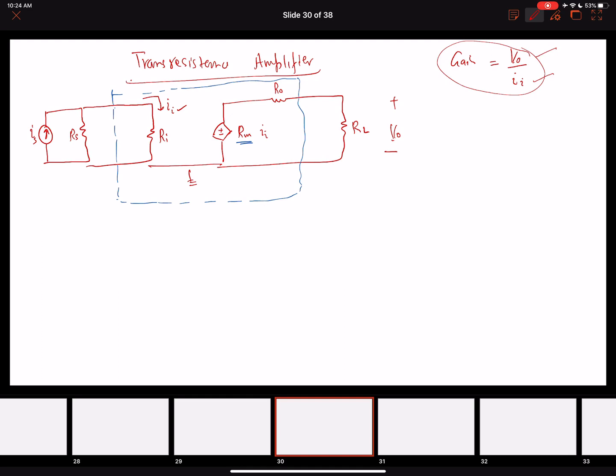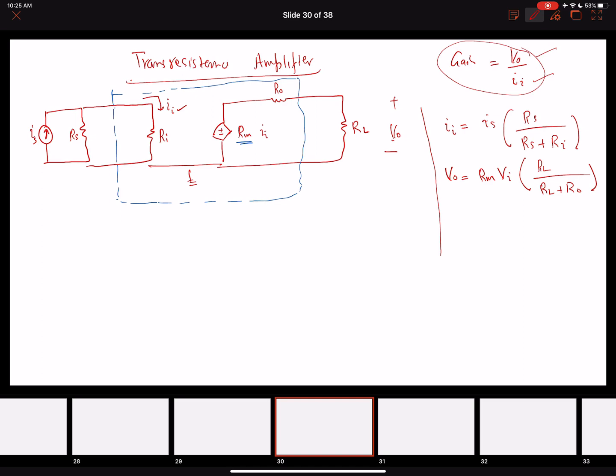So let's determine both of these, starting with the current divider rule at the input. II will be equal to Is times Rs over Rs plus Ri. Similarly, we can apply a voltage divider rule at the output. V0 equals RmVi times RL over RL plus R0, right?